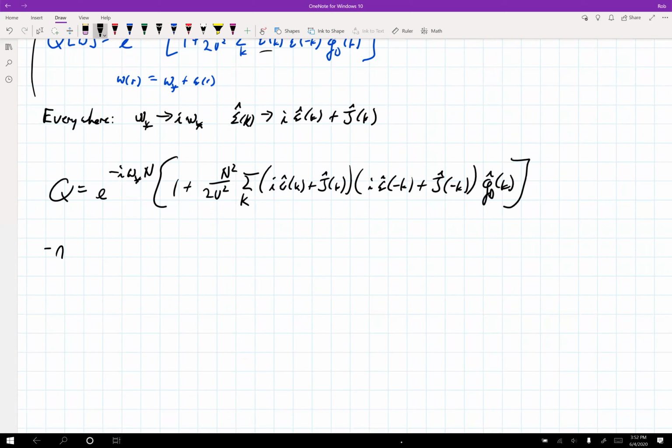So if we have minus n log q, this is going to give us minus n, and then the log cancels out with the exponential.